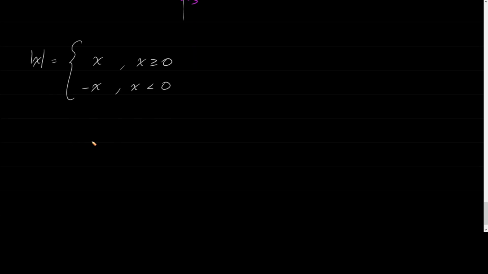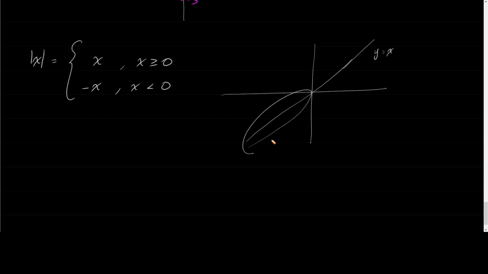So graphically speaking, what does that really mean? Well, it's just x. I can go ahead and graph just x. This is y equals x. Because we want the absolute value, we want all this part that's being negative to be positive.